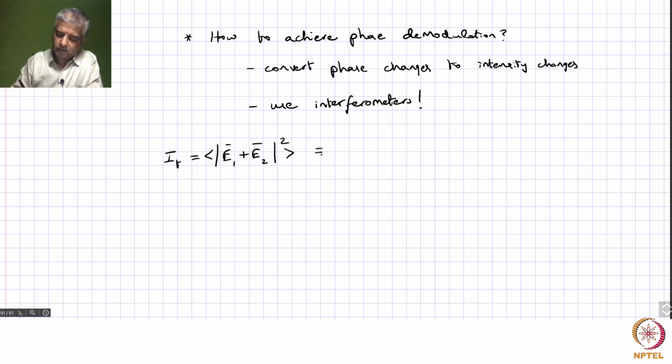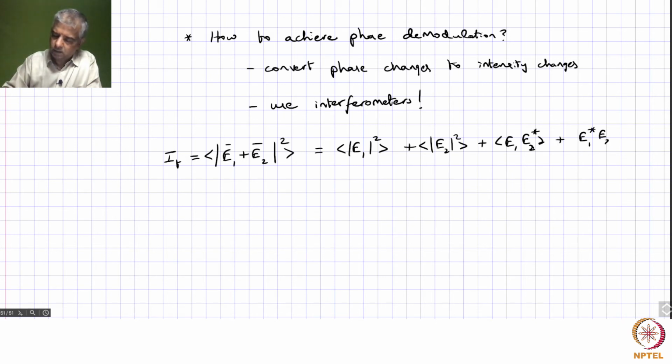So, if you expand that out, this corresponds to E1 square time average, plus E2 square time average, plus E1 E2 conjugate time average, plus E1 conjugate E2. So, those are the beating of the two waves.